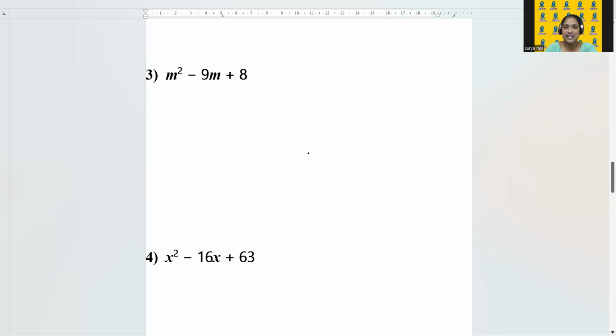Let's continue here. Now, look at number 3. We have this quadratic expression, m square minus 9m plus 8.